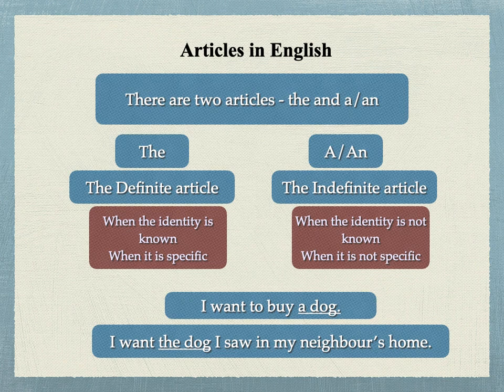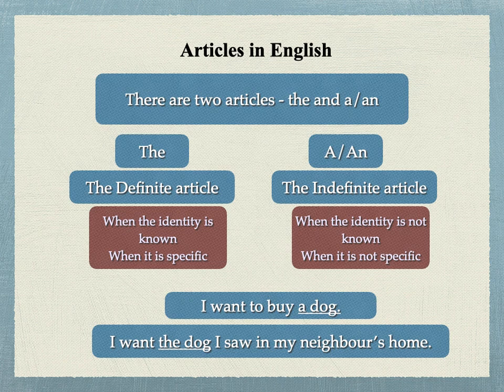So, this is the difference between using the, a, and an. If there is nothing specific, a or an can be used, but if it is something specific, you have to use the.